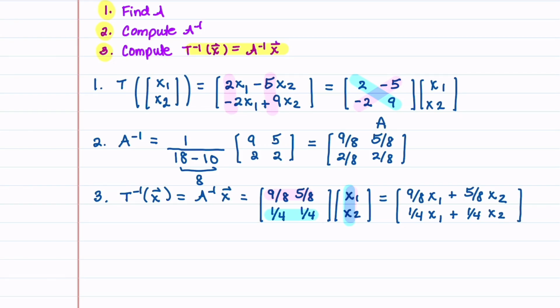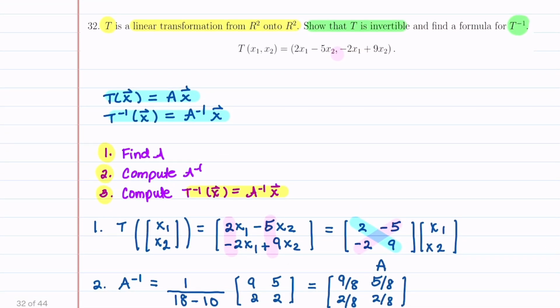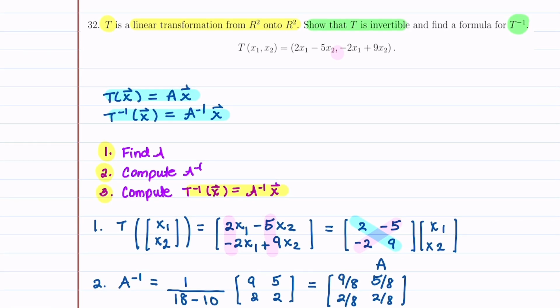One practice I think that's really good to do is to put your answer in the same form that was given in the original problem. So let's go back up and look here. Do you see how our transformation is written horizontally? That's the way I'm going to go ahead and write our answer.